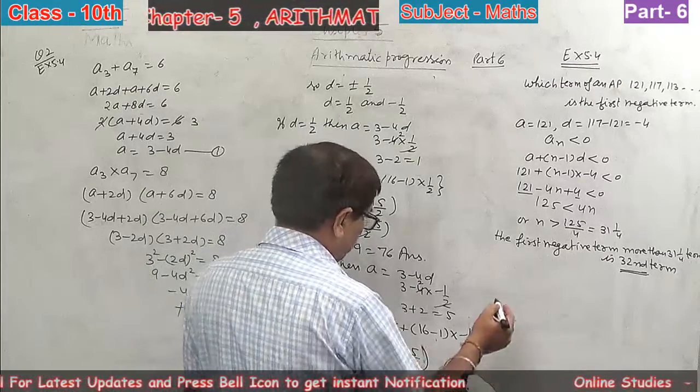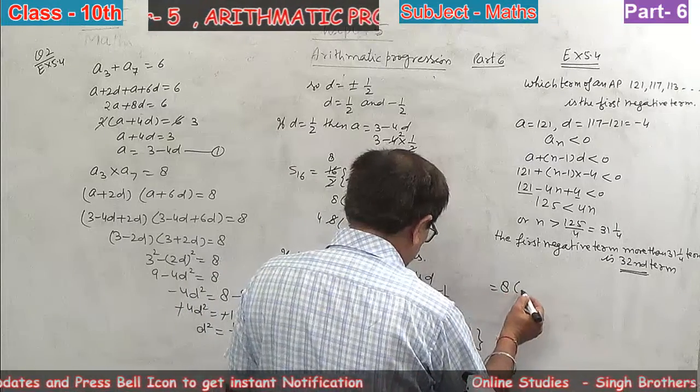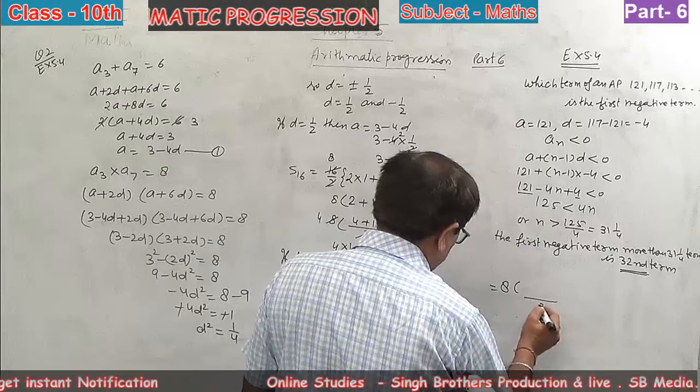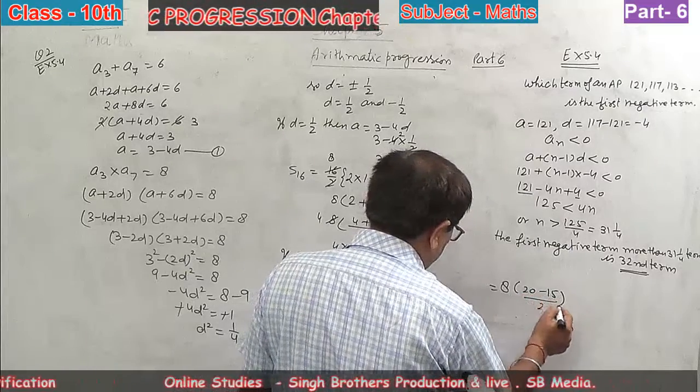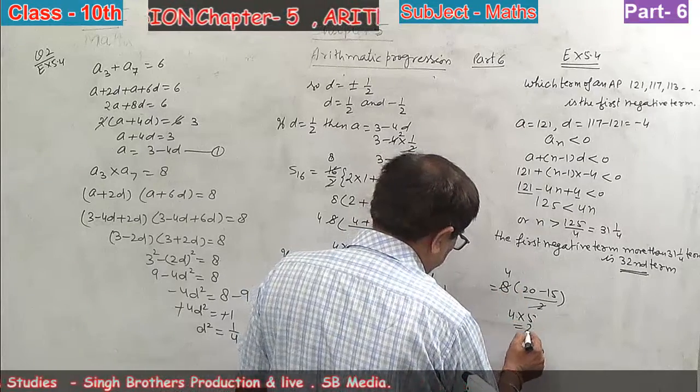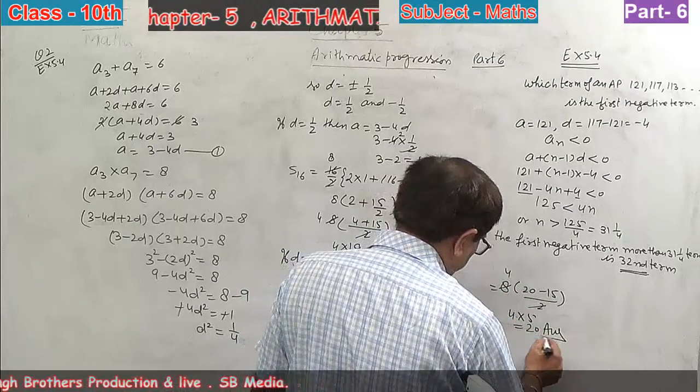So it will be 8 into, take the LCM 2, (20 minus 15) upon 2, 4 into 5 that is 20.